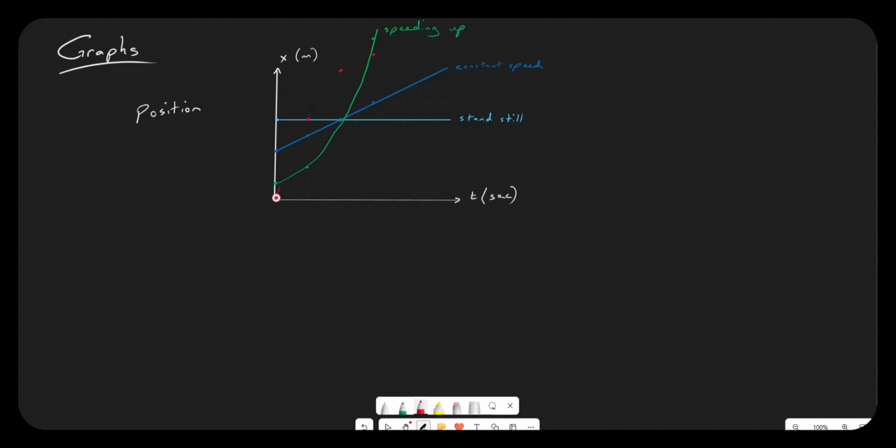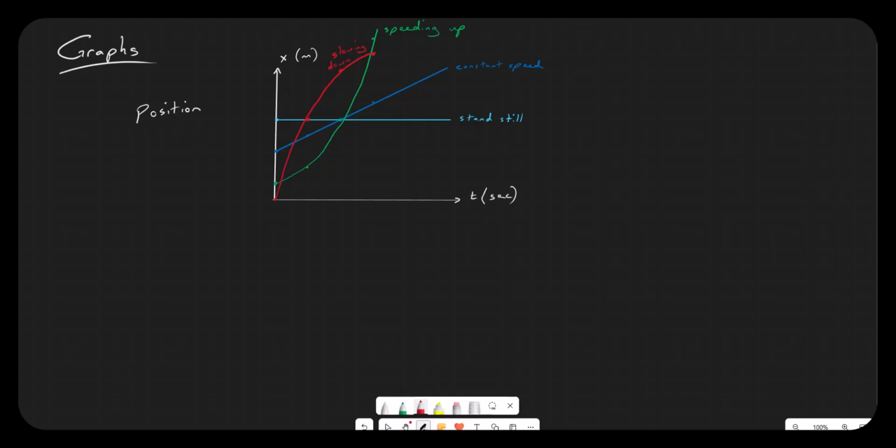I get a graph that looks like that. It's actually another parabola, but this one's upside down, or it opens downward, is the way that you might say that. Different ways of representing position for different motions, but you can see what these graphs look like.